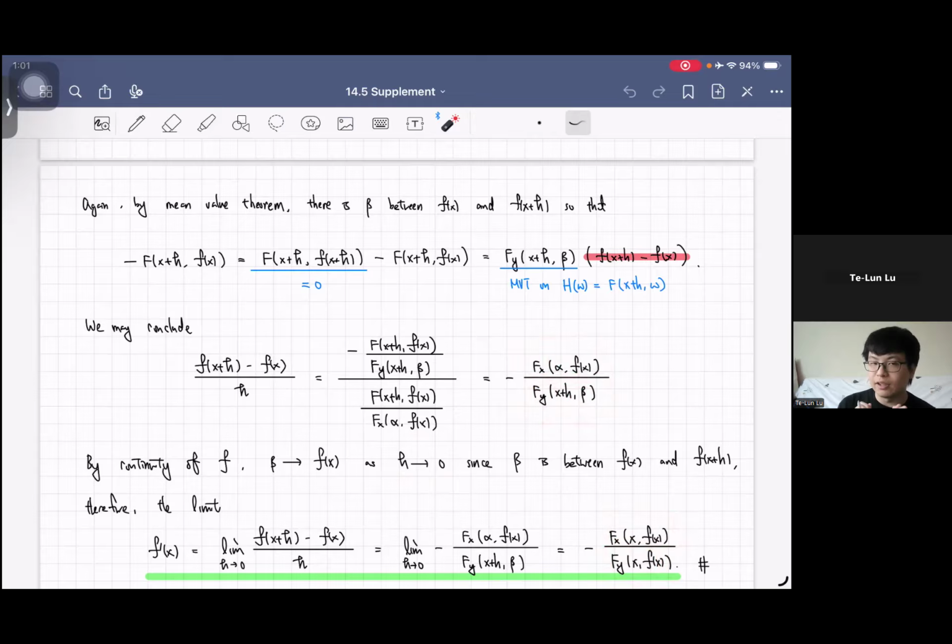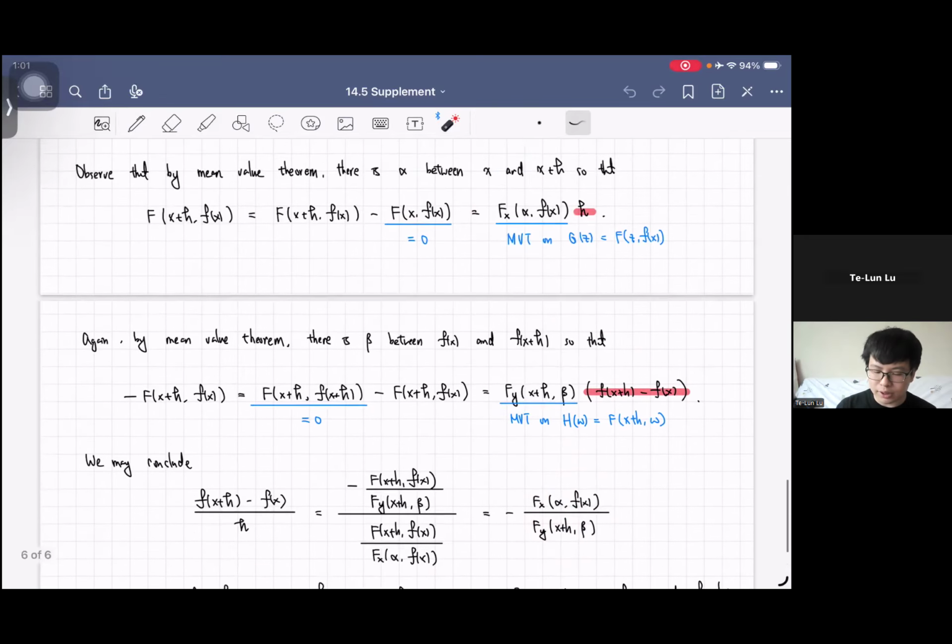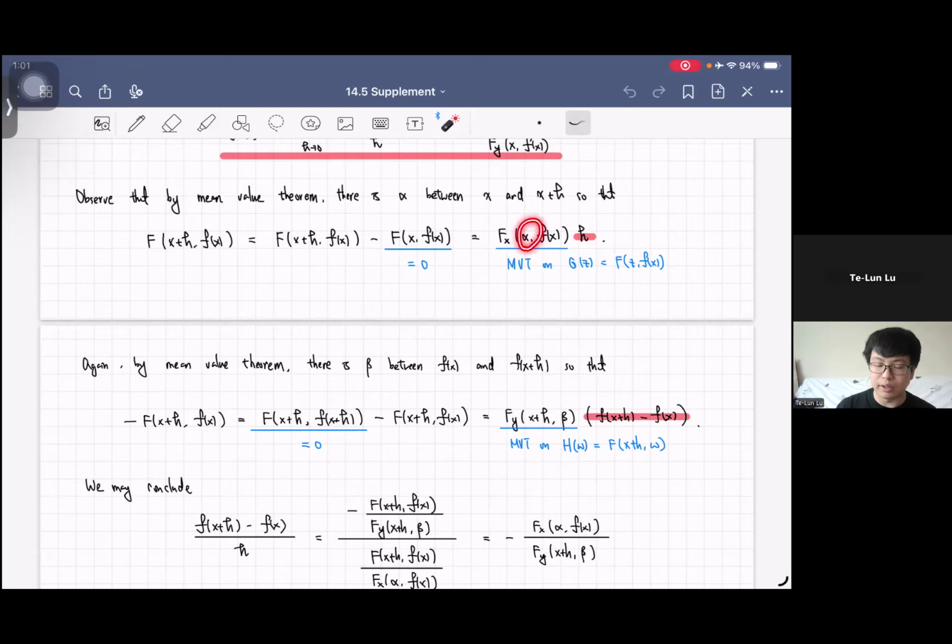So make sure you are really careful with the interplay between the input and output. Even if we know the input converges, the output might not converge. In this case, the input converges because this converges to x by the squeeze theorem. You have x and x+h, right? And this also converges to f(x) by the squeeze theorem, because it is between these two guys, where this converges to f(x) because of continuity.